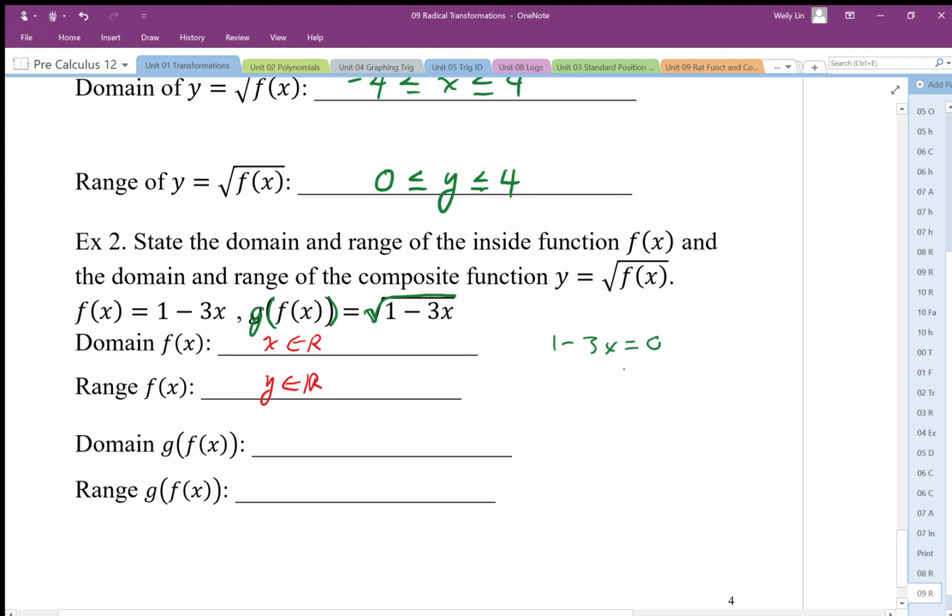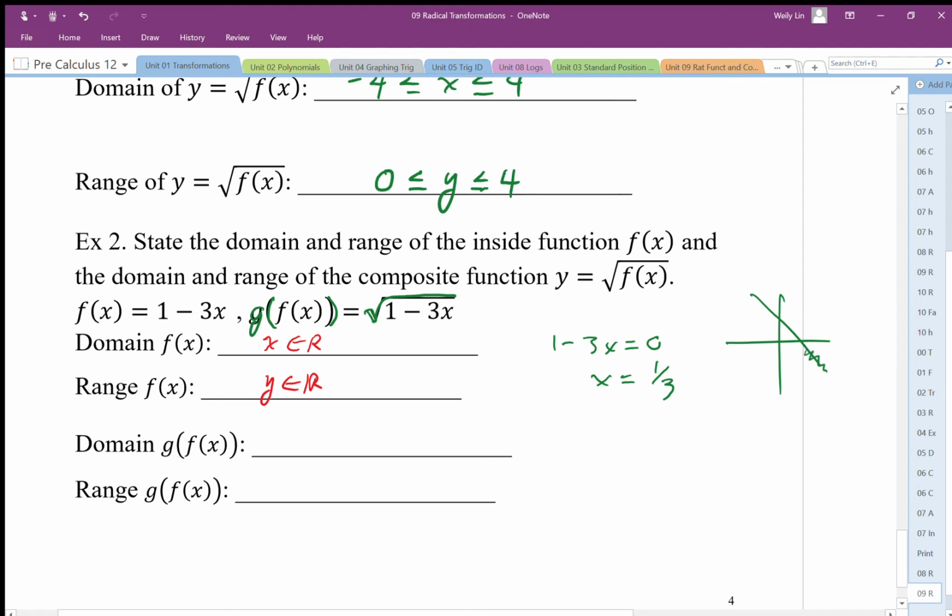Okay, so in this case, if I solve for this, I'm going to end up with x equals 1/3. And this is where it's useful to know the direction of things going on. We can always test it, but we know that this is a negative slope. Okay, so anything bigger than 1/3 is going to give us negative values.